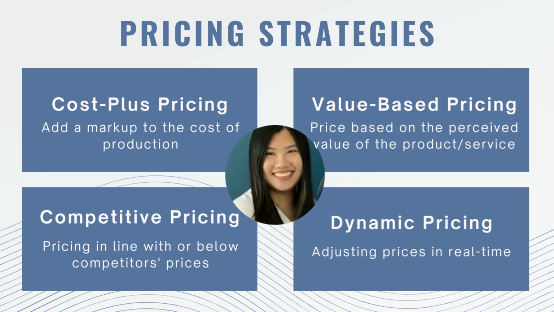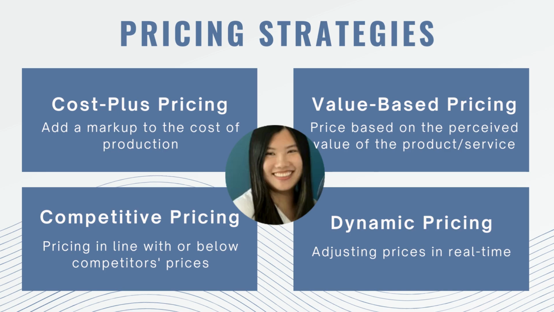And last we have dynamic pricing, that's adjusting prices in real time. When to use it is in industries with fluctuating demand, perishable goods, or when you have access to real-time data on market conditions and customers' behavior, that's e-commerce, travel, and hospitality.